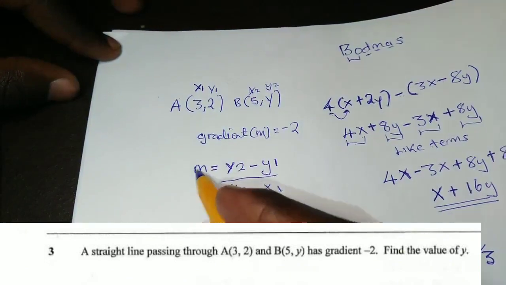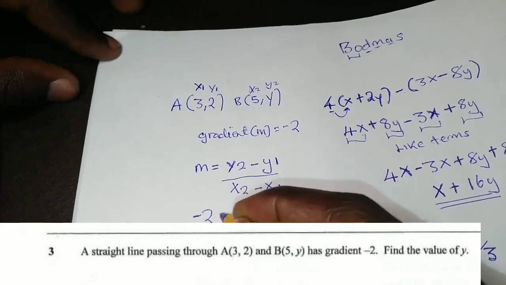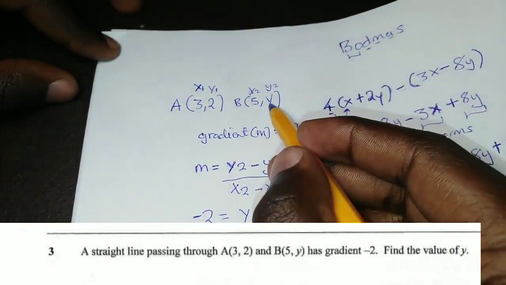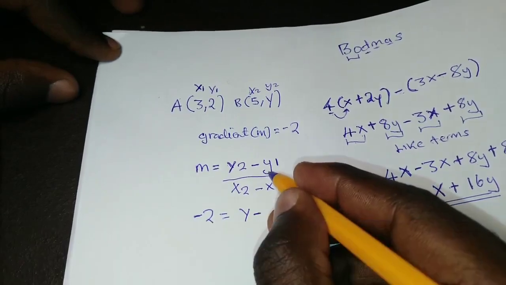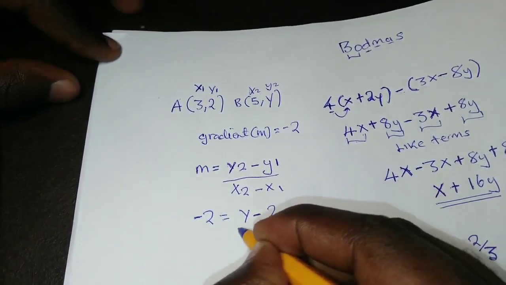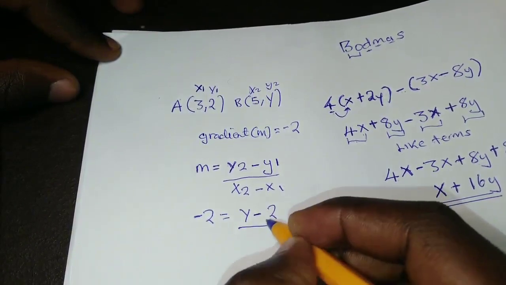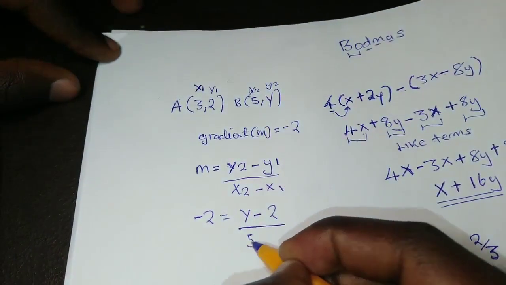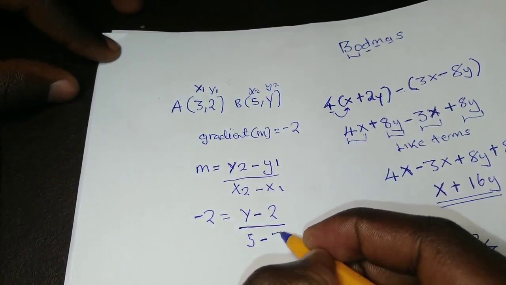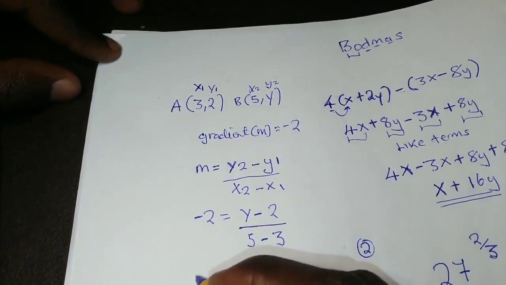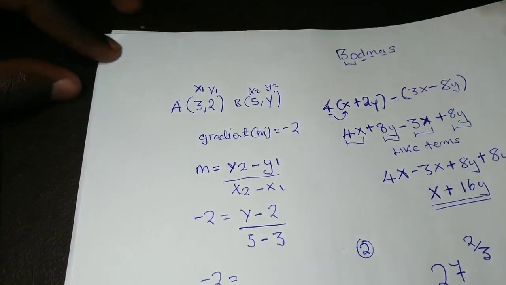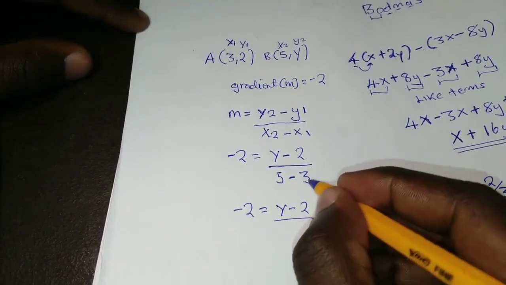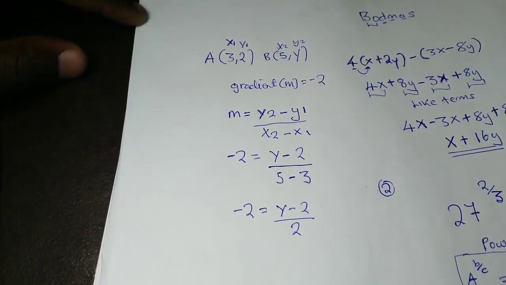So the gradient from the question, -2, is equal to y2, which is simply y, minus y1, which is 2, over x2, which is 5, minus x1, which happens to be 3. So -2 is equal to y minus 2 over 5 minus 3, that is 2.